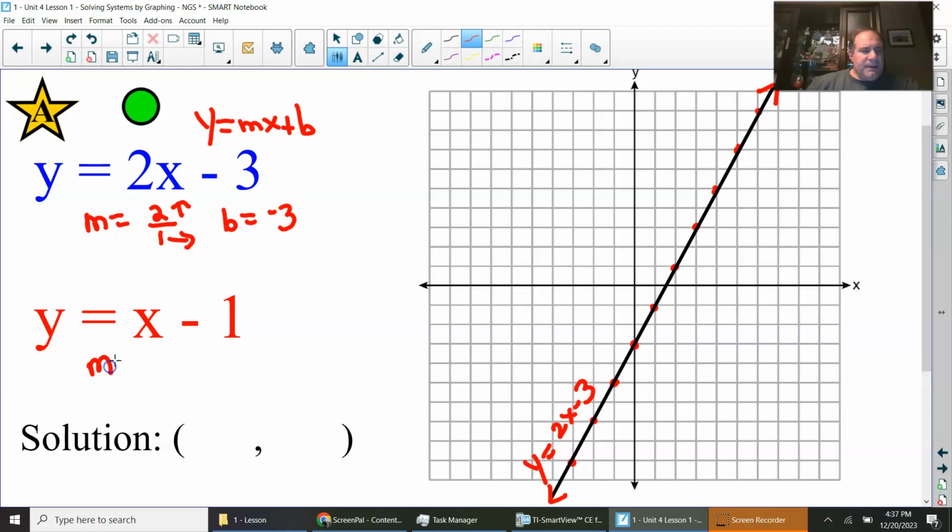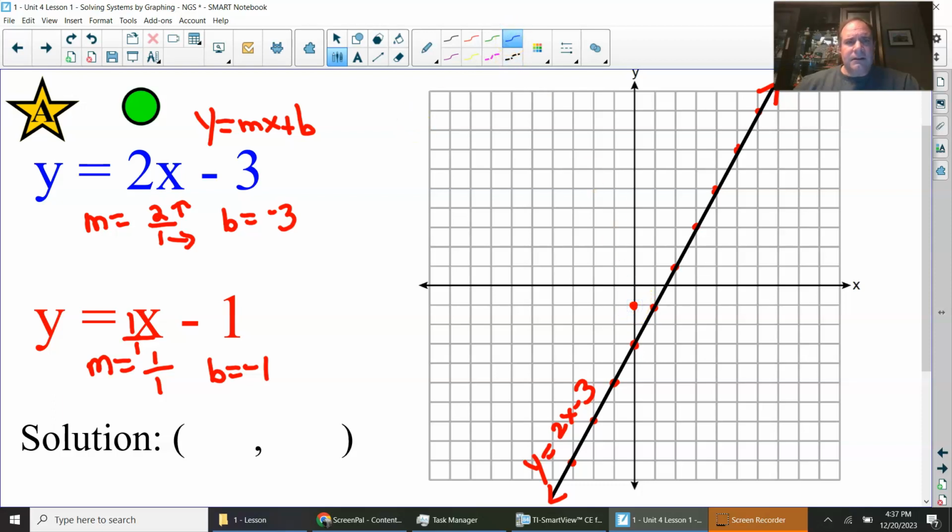This slope is, there's a 1 next to this, so if you put a 1 underneath, that is 1 over 1. That's the slope. The y-intercept is the negative 1. Remember, you put the sign of the number with the number for the y-intercept and the slope. So you start out with negative 1.